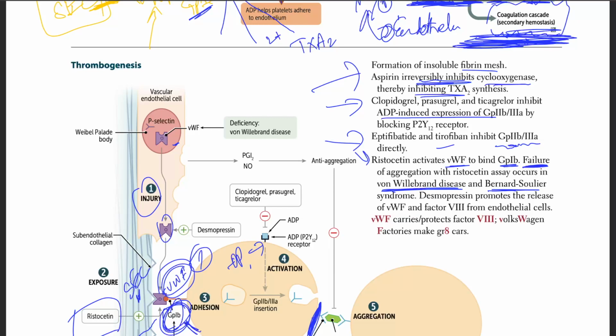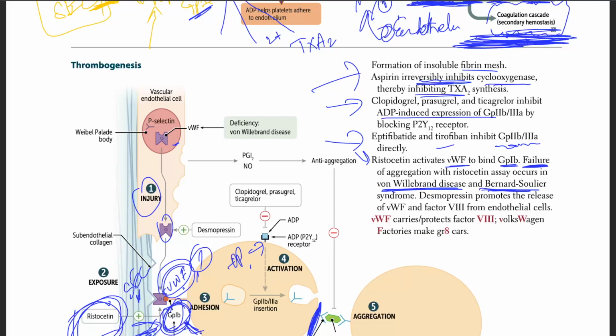So we can diagnose two diseases by doing the ristocetin test. So the ristocetin test is either a von Willebrand factor disease or a GP1B disease. GP1B disease is called Bernard-Soulier syndrome.